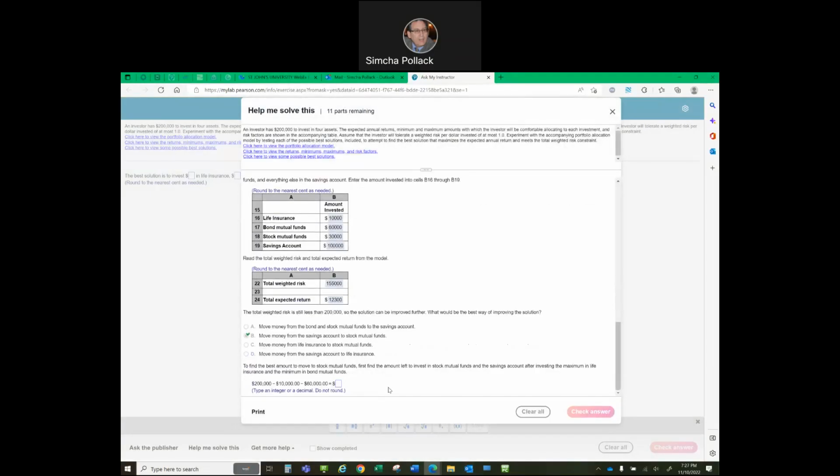Now, they're going to give you a little equation in a couple of minutes that will help you figure out the next part of the allocation. They do it in 3 steps. First, figure out how much more we have to move to find the best amount to move to stock funds. How much are we going to move? Well, we have 200,000 to invest. 10,000 is in life insurance. 60,000 is in bonds.